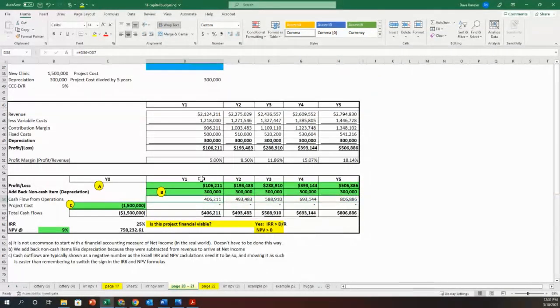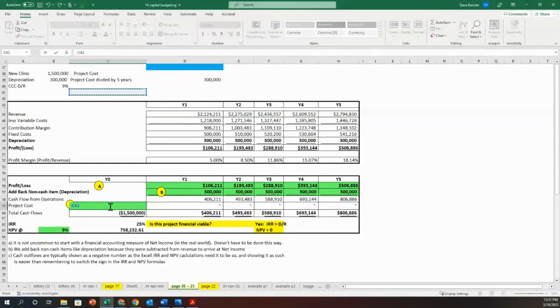Okay, we have Y0, Y1, Y2, Y3, Y4, Y5. So Y0 is negative $1.5 million. Okay, it's negative, it's never positive. Don't be doing that to me.